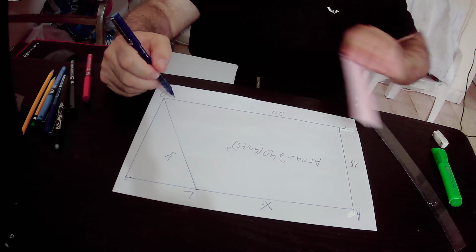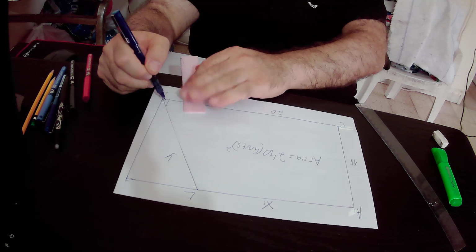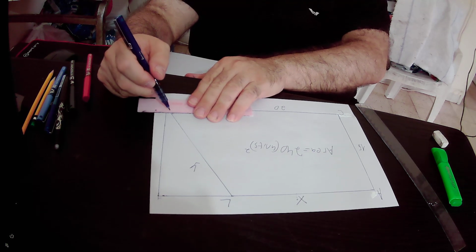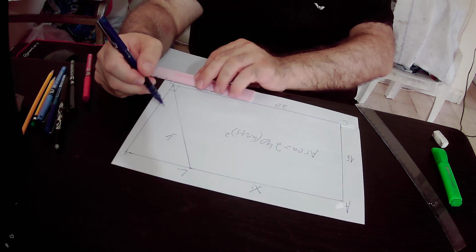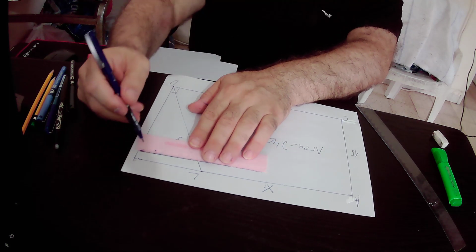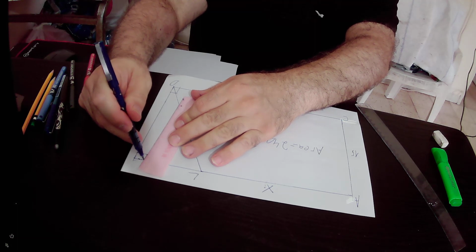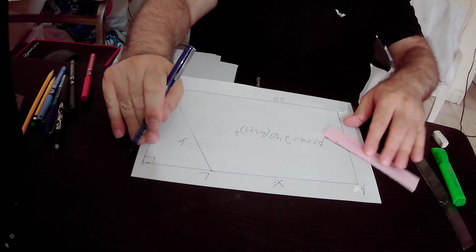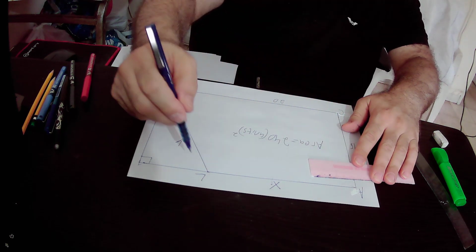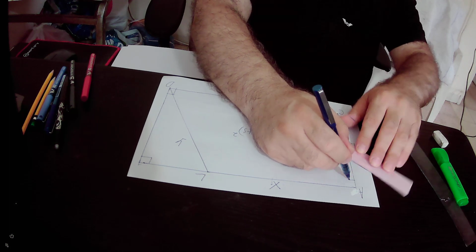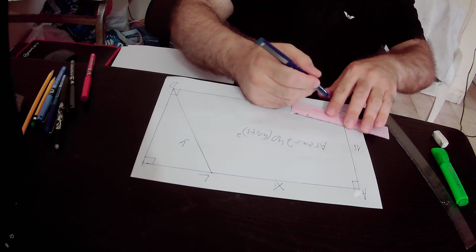So actually this angle is a right angle, it equals 90 degrees. And this angle is also 90 degrees. And we already know that angle CAL is a right angle, and also angle DCA is a right angle.